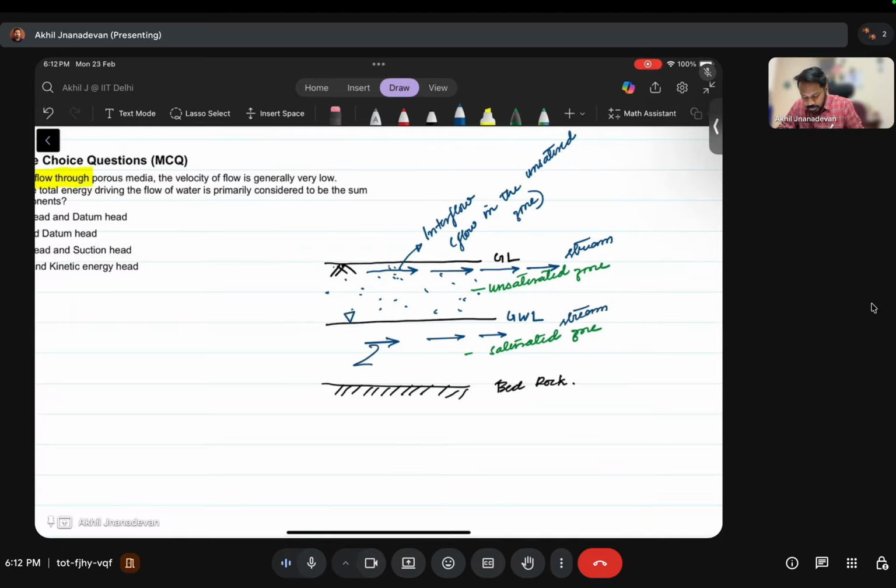that particular process, this particular flow process, is called base flow, or we can call it flow in the saturated zone.